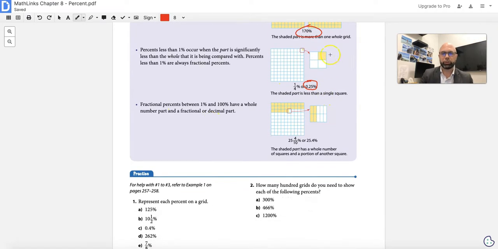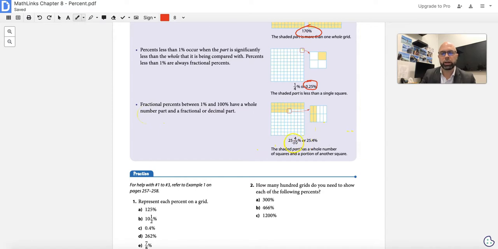Fractional percents. This is a fractional percent right here. Fractional percents between 1 and 100 have a whole number part and a fractional or decimal part. In this case, this is a fraction only. Here, it's got a whole and a fraction as a part of it.